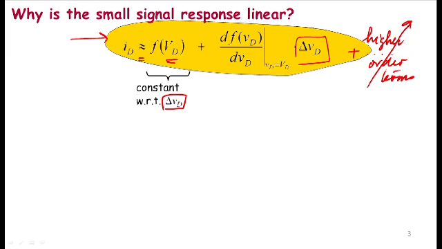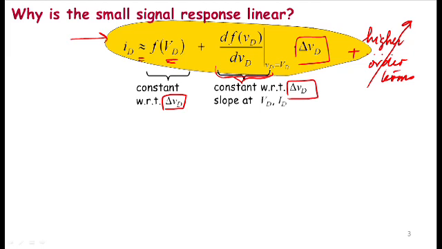What's the second thing you observe? The second thing to observe is if you look at this term here, then that term is also constant with respect to delta VD. And in fact, that term is a slope of the function f of VD at the point VD, ID. So this piece here is the slope of the function f of VD at the point capital VD, capital ID.